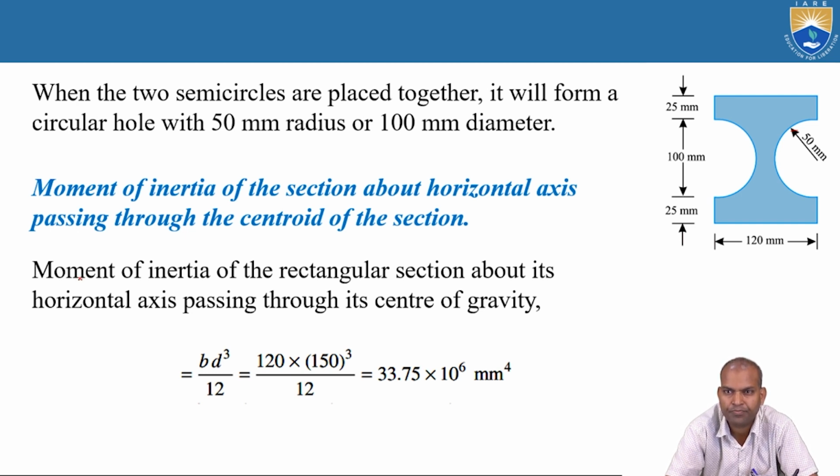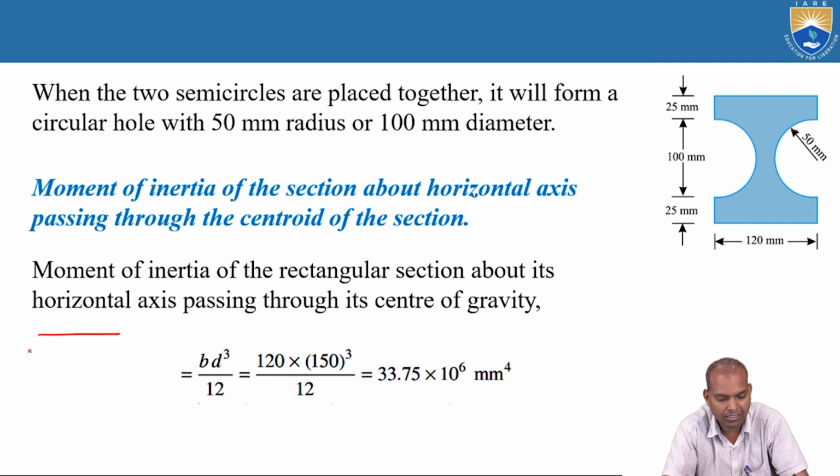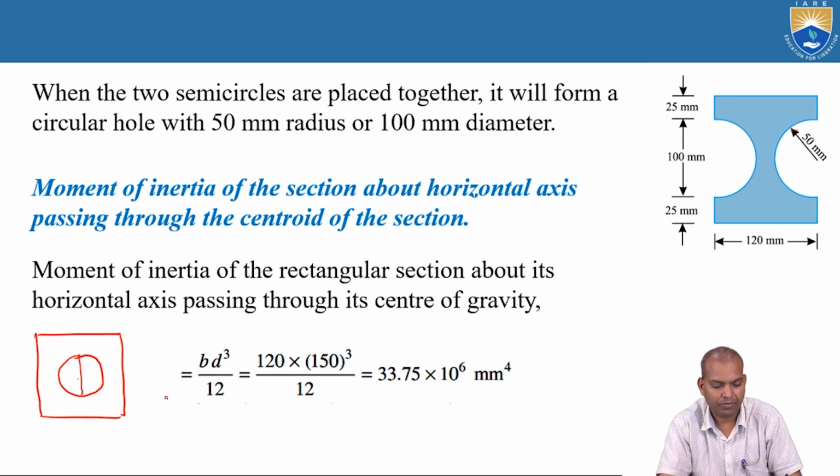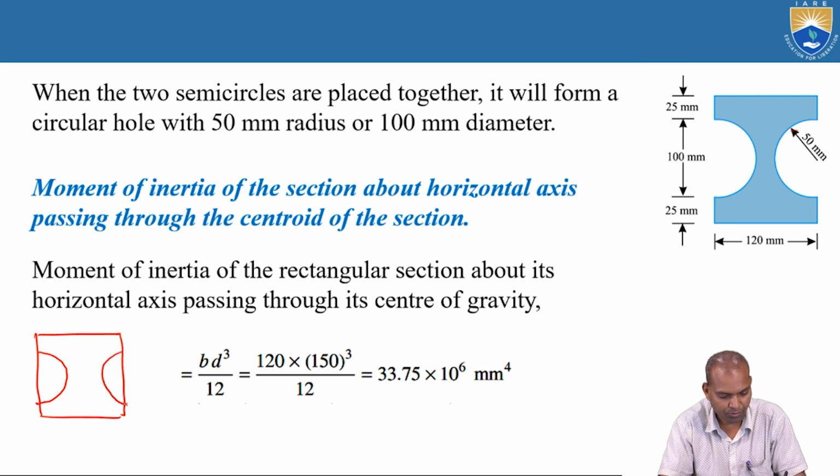That is our objective. For that, the circle is subtracted from a rectangle. In the comprehensive view, there is a rectangular section, and if you subtract the circle, you will get this geometry. The semicircular portions are subtracted from this end, this portion and this portion.